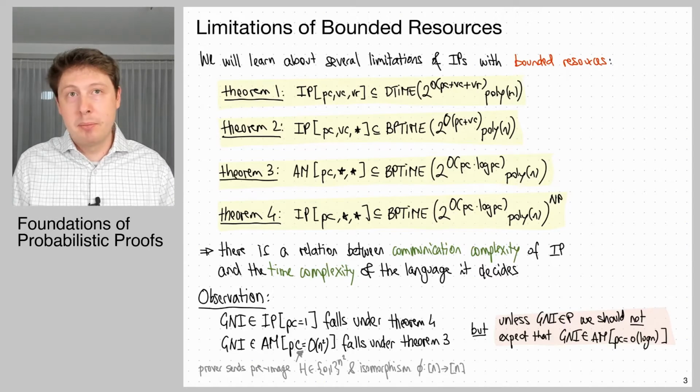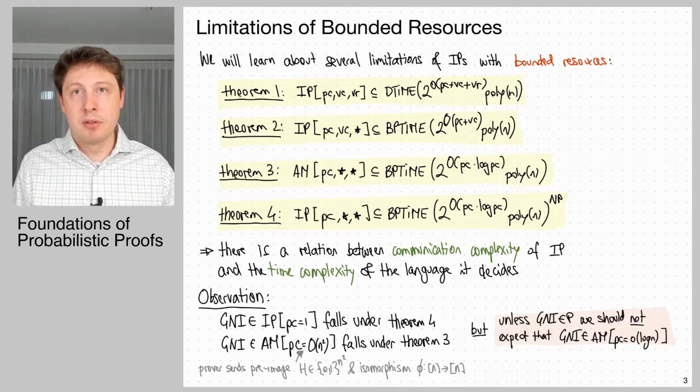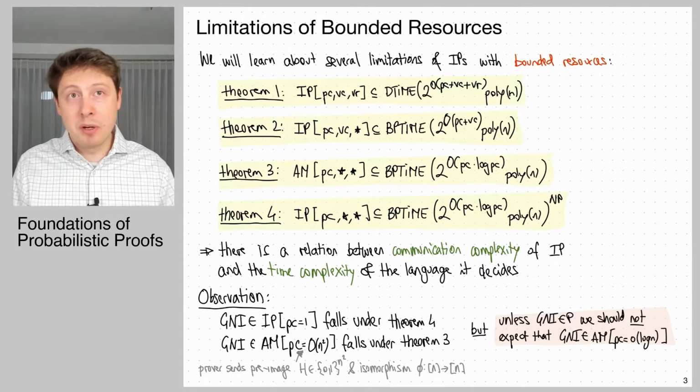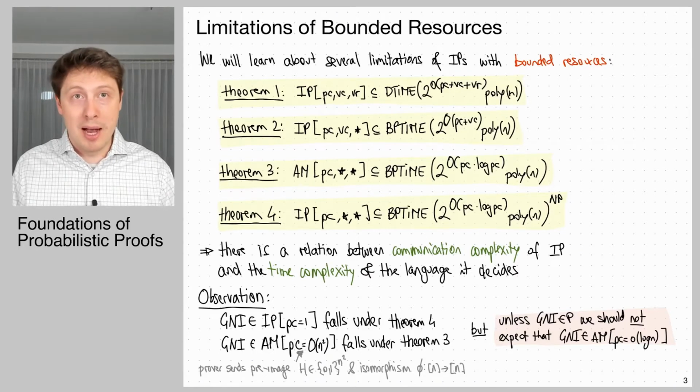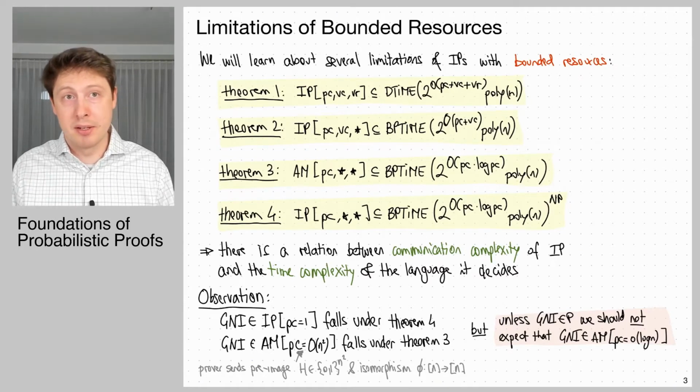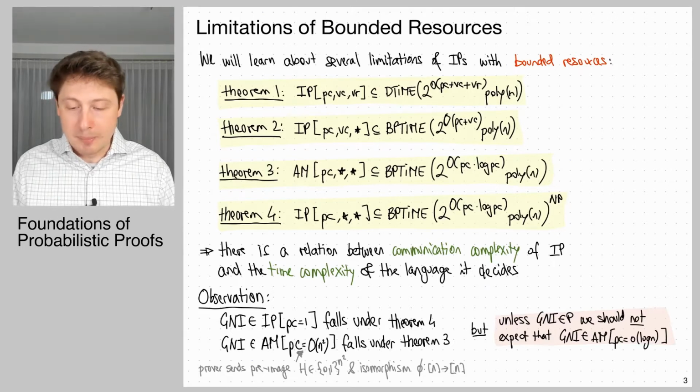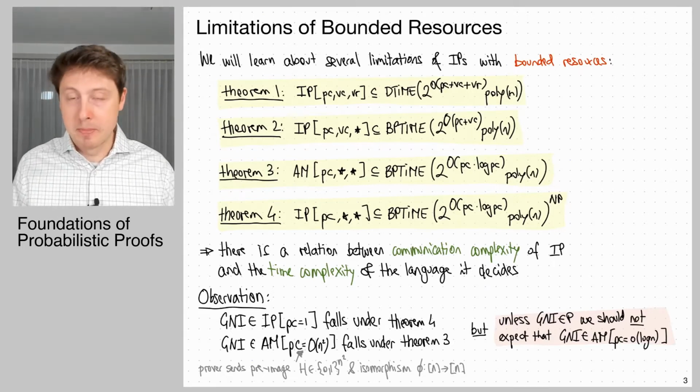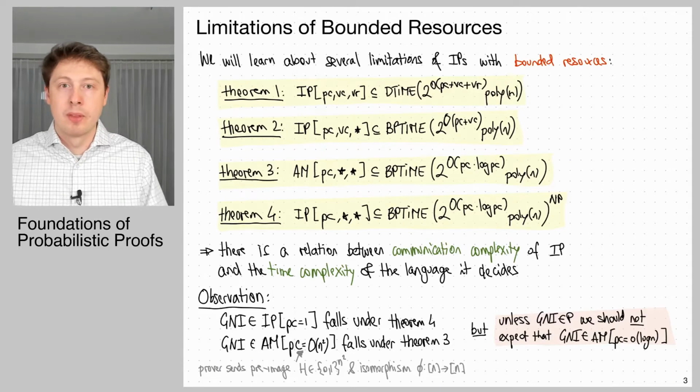And here we're proving lower bounds, so we're fine with considering interactive proofs with constant soundness error. And I won't be requiring perfect completeness. So everything we're going to say will hold even if you have a constant completeness error. Good question.